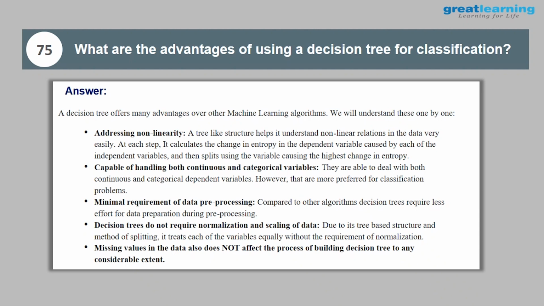Decision trees do not require normalization and scaling of data. Due to its tree-based structure and method of splitting, it treats each of the variables equally without the requirement of normalization. Missing values in the data also do not affect the process of building a decision tree to any considerable extent.